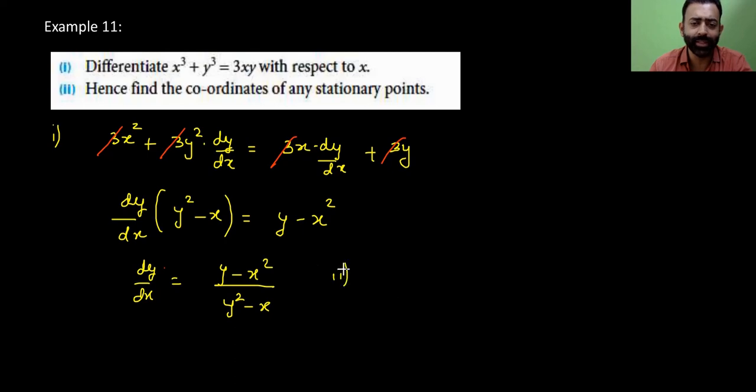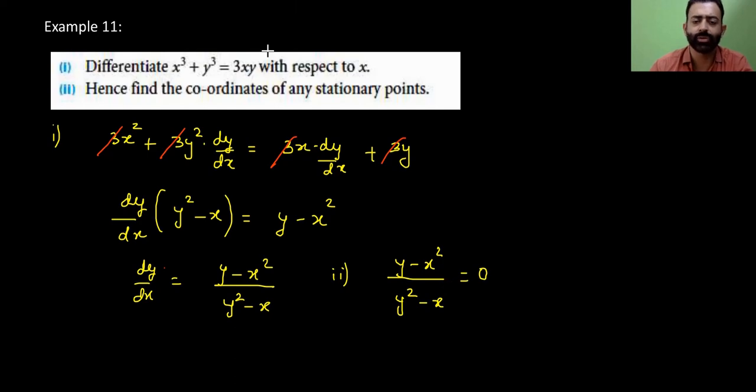Now the second part says that we have to find the stationary points. In order to find the stationary points, we have to put the derivative function, which is y minus x square upon y square minus x, equal to 0. Now there are two conditions.